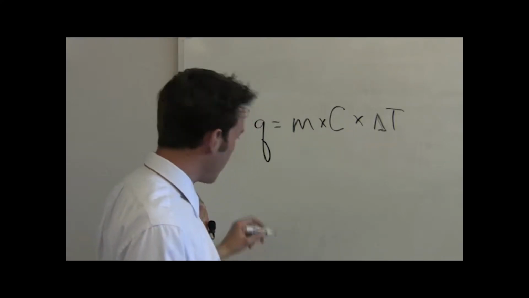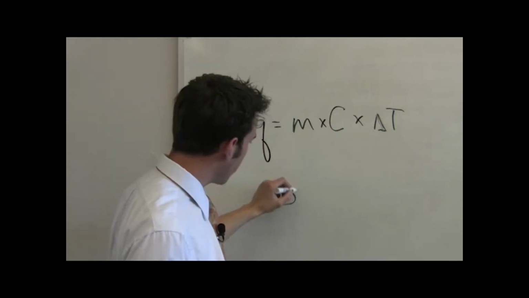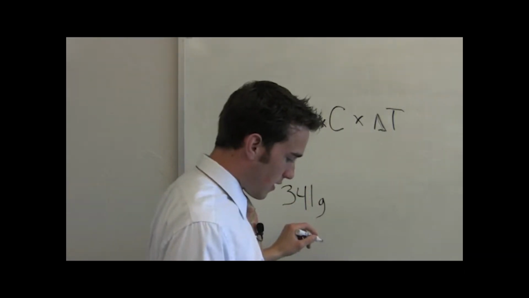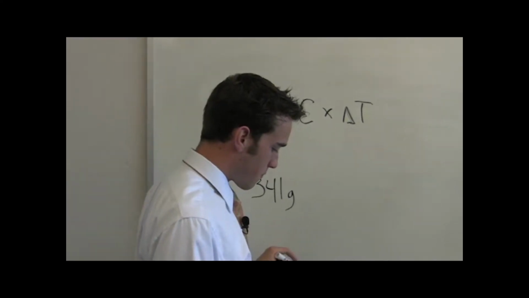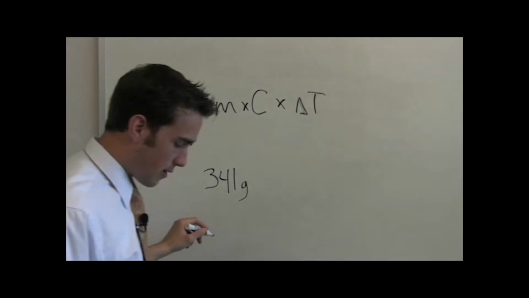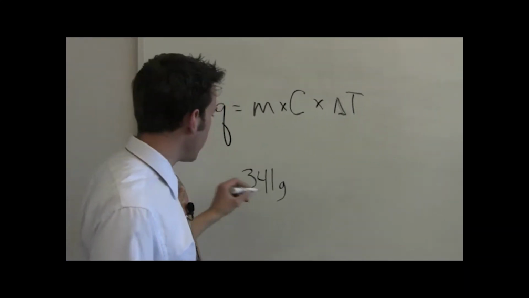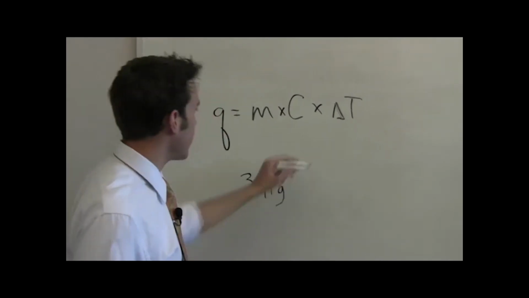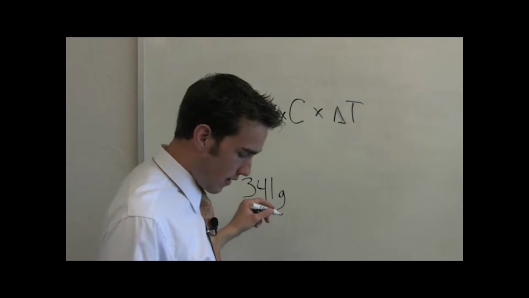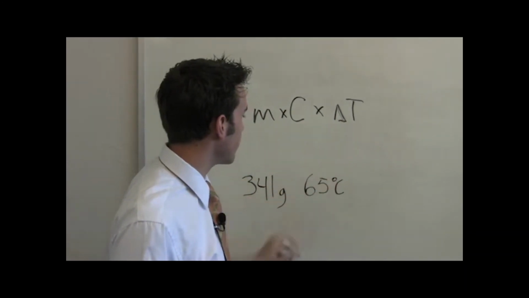So if we have 341 grams of water, and it changes temperature. It goes from 20 degrees Celsius to 85 degrees Celsius. That gives us a temperature change of 65 degrees Celsius.